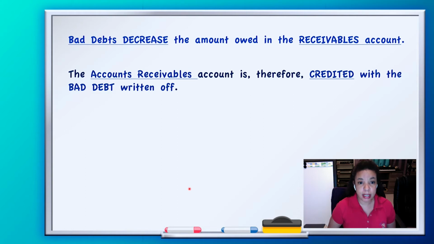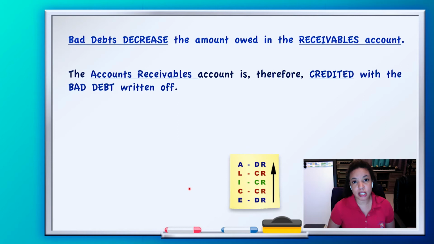Why credited? Because accounts receivable is an asset. When an asset increases, it is debited. In this case, a bad debt decreases the asset, so it will be credited to show the decrease, right?